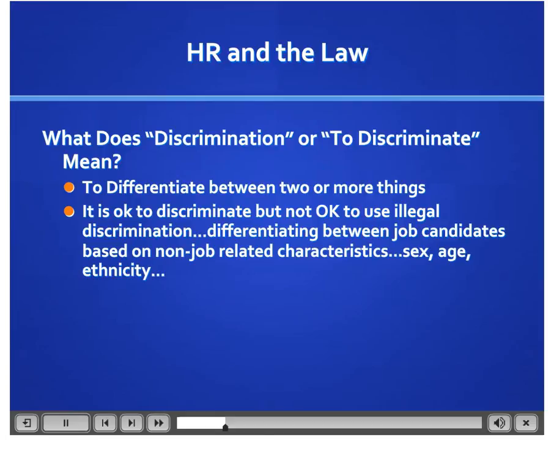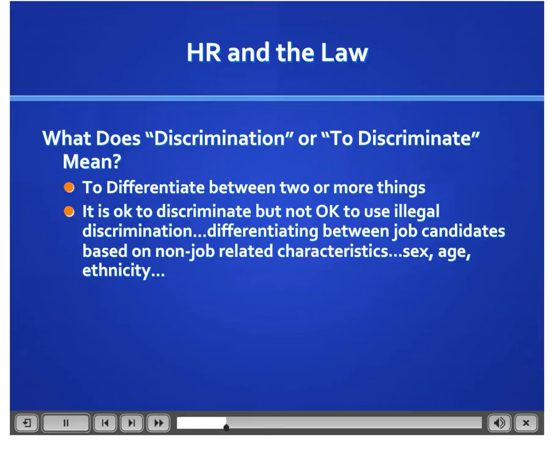But the term discriminate has been used broadly in the HR lexicon, so when we think of "you're discriminating against me," really what we're saying is you are using illegal or inappropriate criteria to make an employment decision for me or about me. And so what we're really talking about is illegal discrimination.